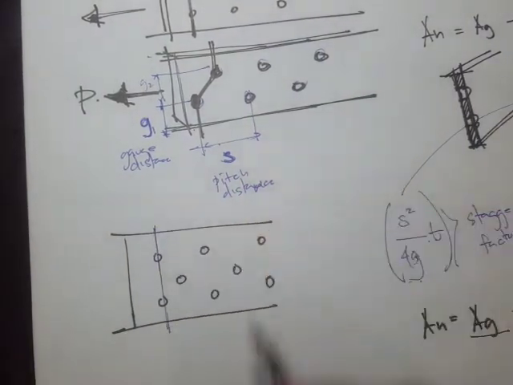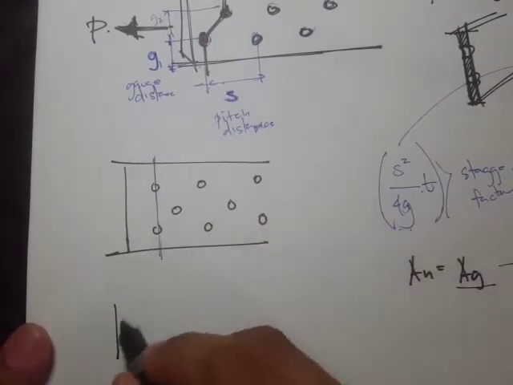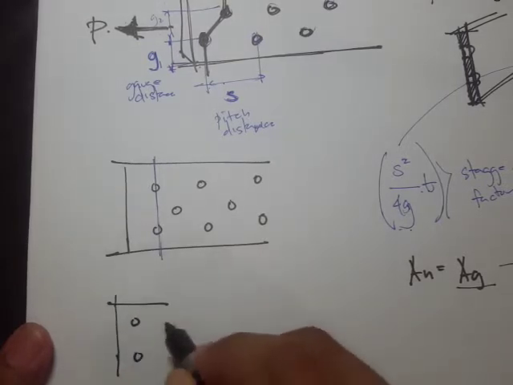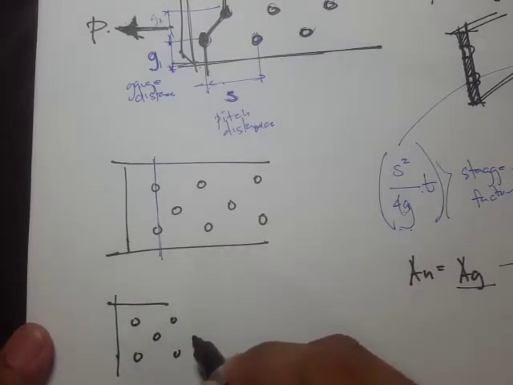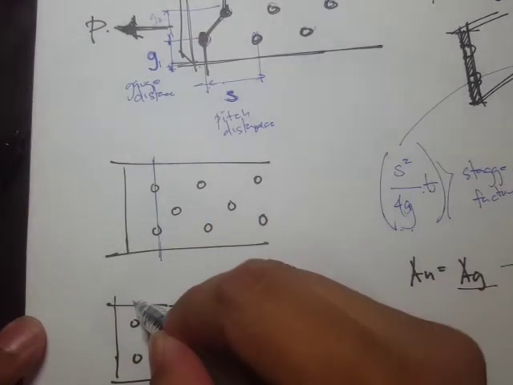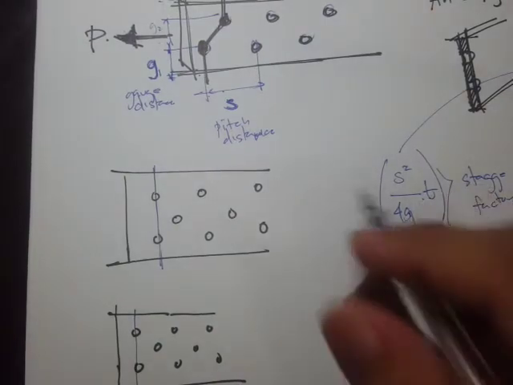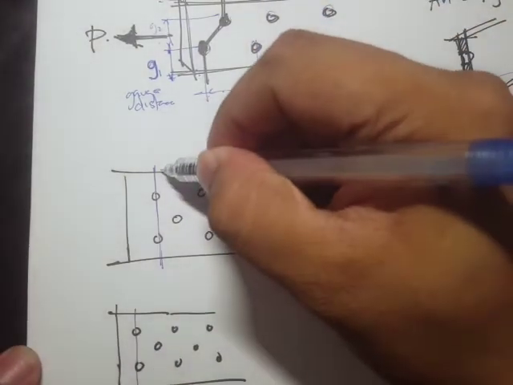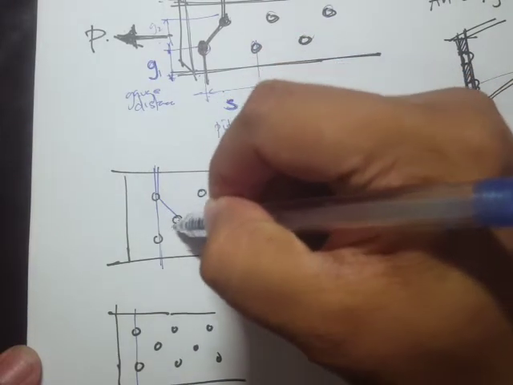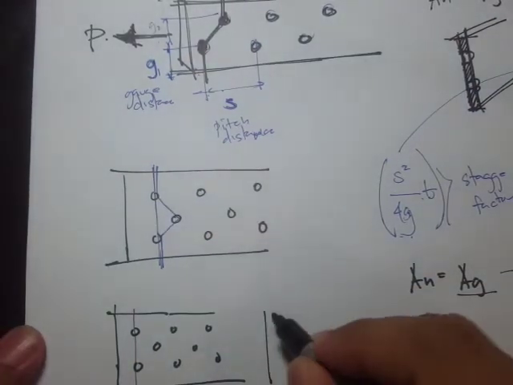Okay, so failure path 1, it is possible to have a failure somewhere like this, or something like this. So if we draw it here, we can have a failure path in this line. And another failure path could probably be this and this.